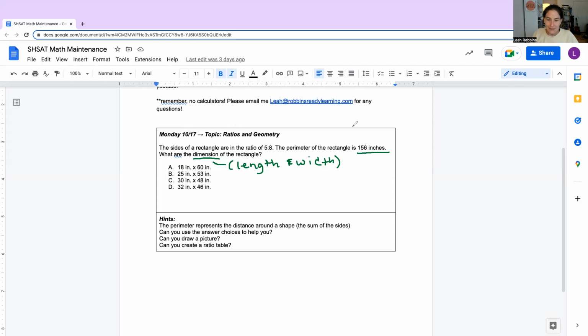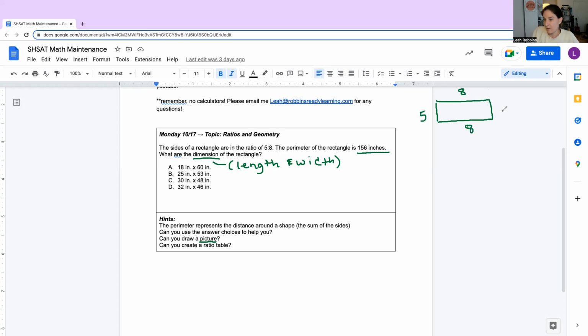So since I'm dealing with a geometry problem, I would like to draw a picture first. And that's one of my little hints down here. They give me a rectangle and they just say that the ratio of the sides is 5:8. Now, there is an algebraic approach that I'm not going to do, but let's just say that the sides were 5 and 8.